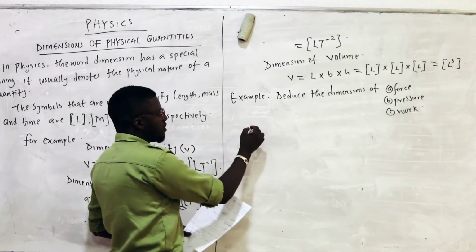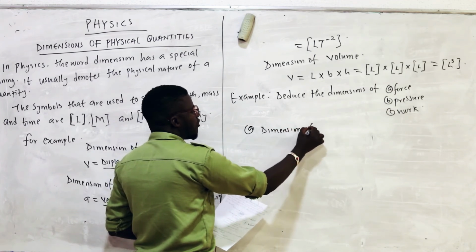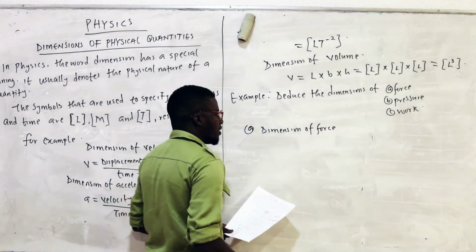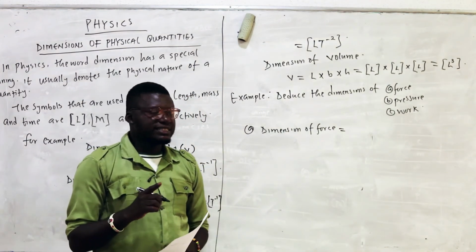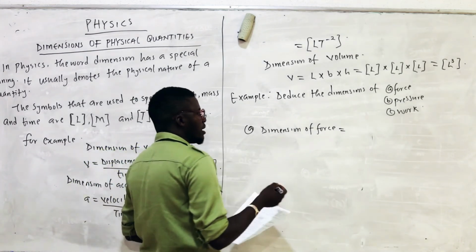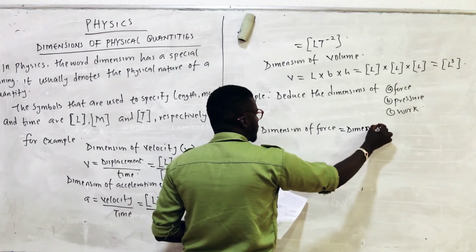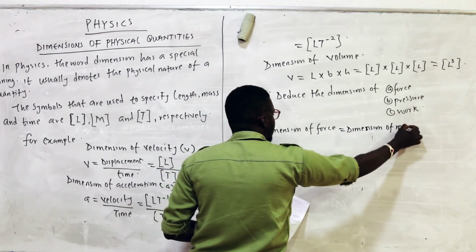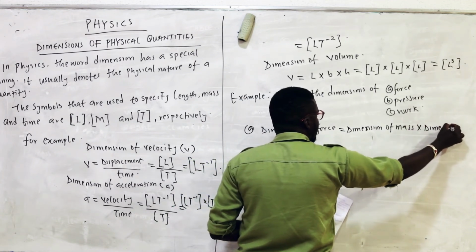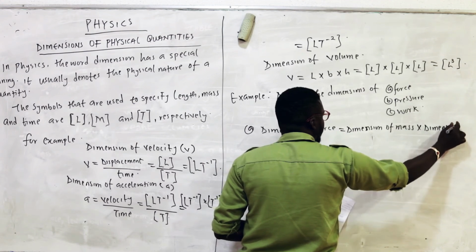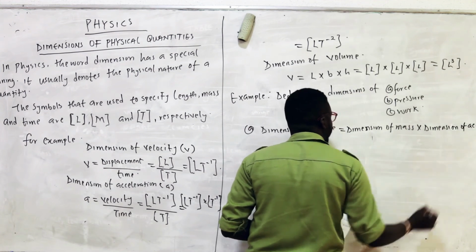Now, for me to get the first one, which is A, I'm going to say my dimension of force is equal to, now the formula for finding force is mass times acceleration. So now it's equal to the dimension of mass times the dimension of acceleration.